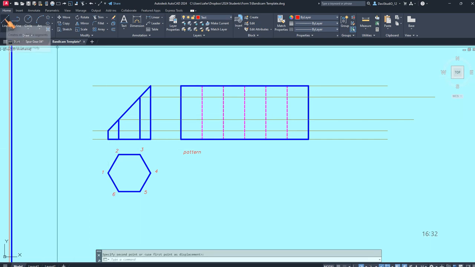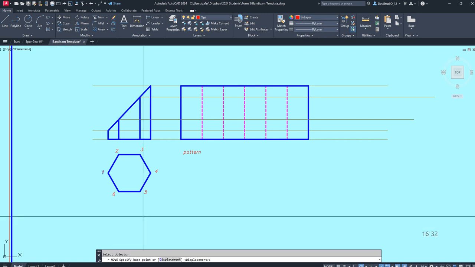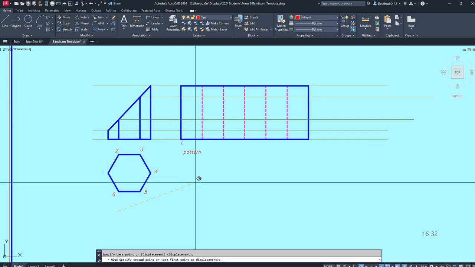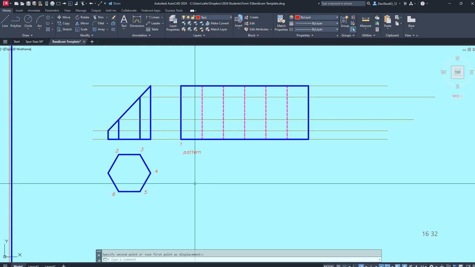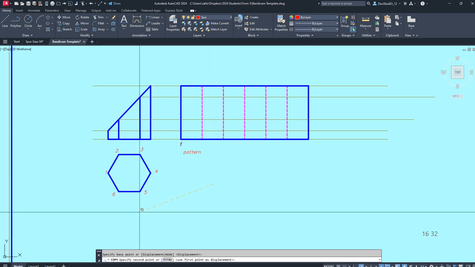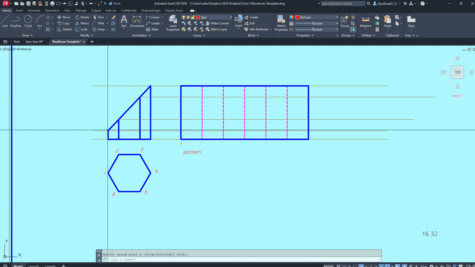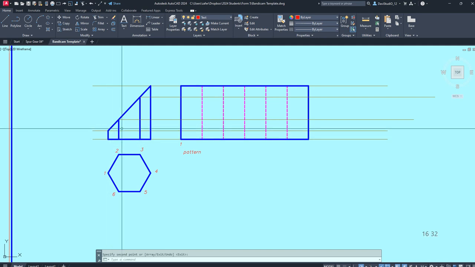Right, so the seam is on 1. So let's copy 1 here. Remember, as the problem states, the seam is here. Here is where you would open the figure.